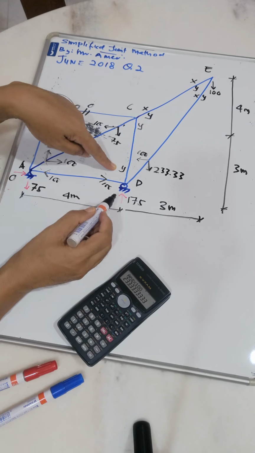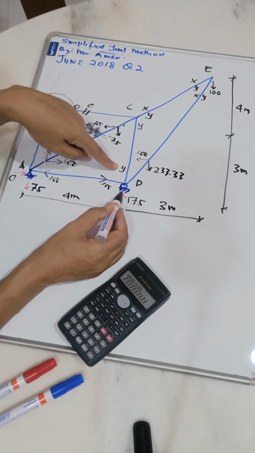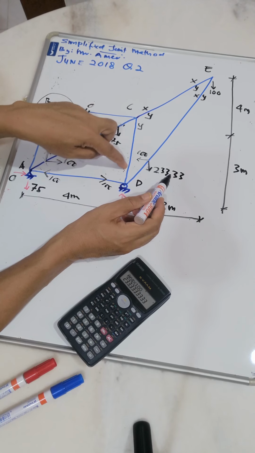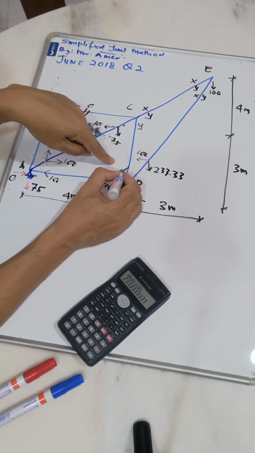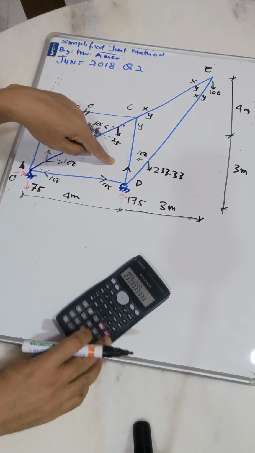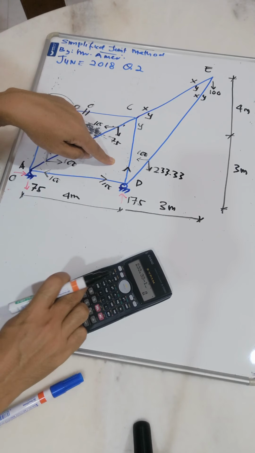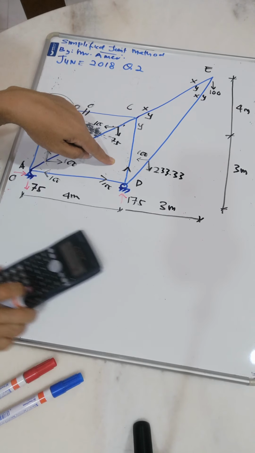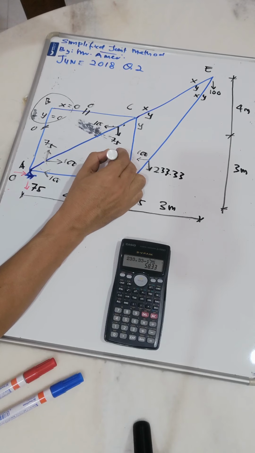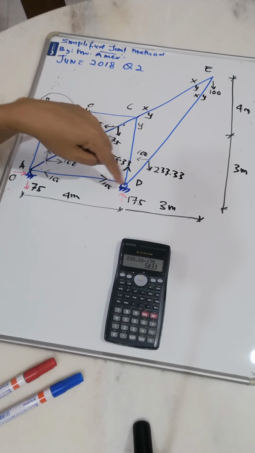So now you focus on the force in the Y direction. Upward 175, downward 233.3. To balance this force, you must have an upward force of 233.33 minus 175, which is 58.3. Now settle joint D.